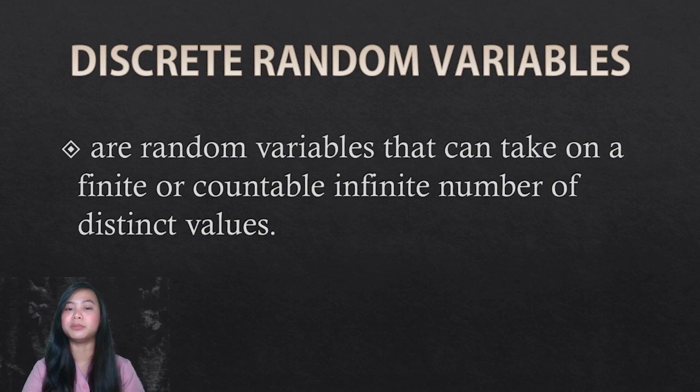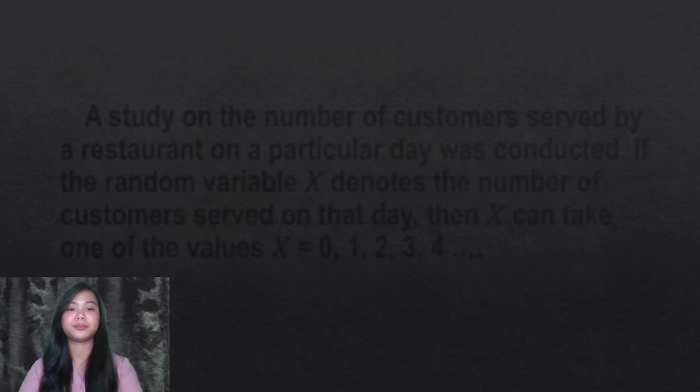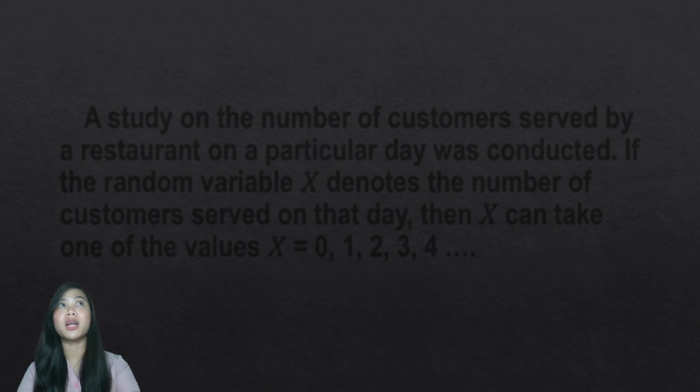So let's have an example to further understand. Again, the discrete random variables are the values or the outcomes that can be counted. And also, the values we have can be described by an integer value, or just simply a number.